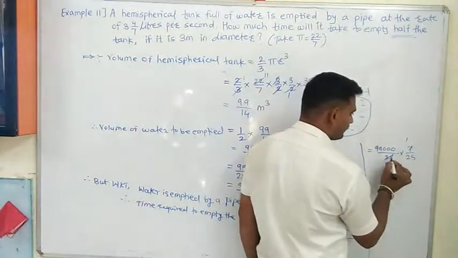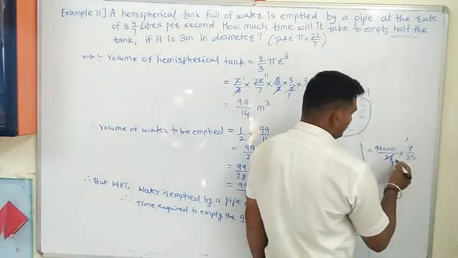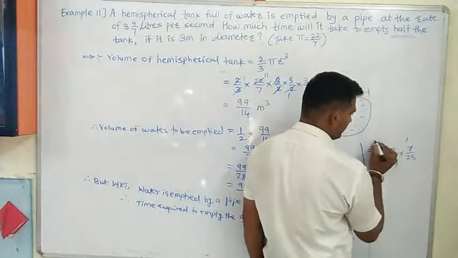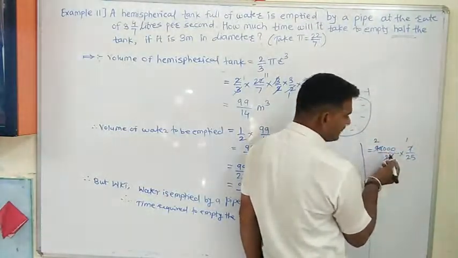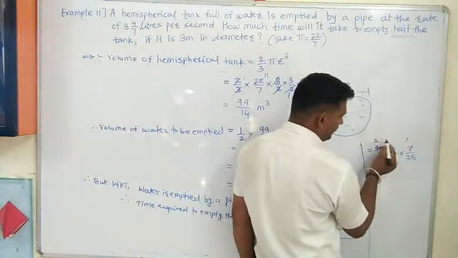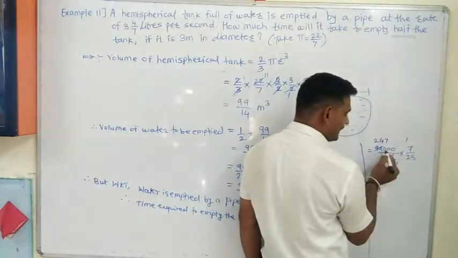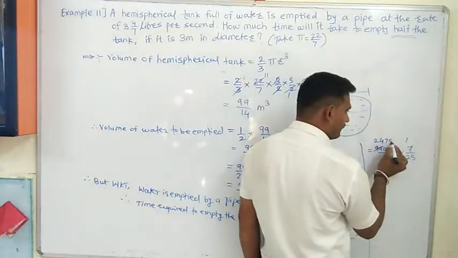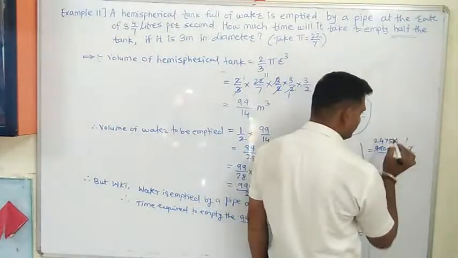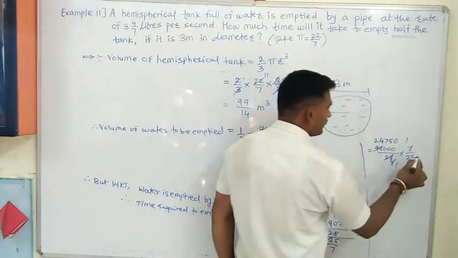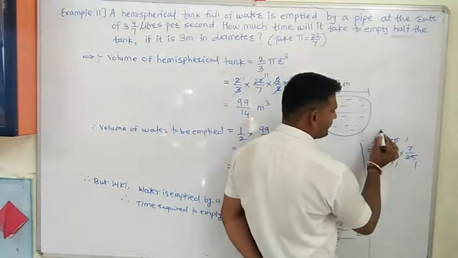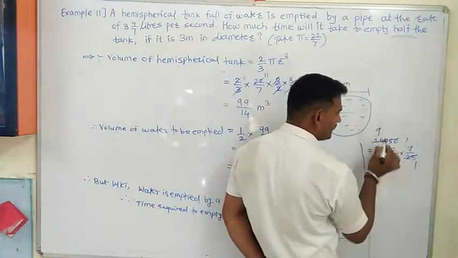Now 7 ones are 7, 7 fours are 28, and after this 4 ones are 4, 4 twos are 8. Again 1 will remain. 4 fours are 16, 3 will remain. 4 sevens are 28, 2 will remain, and 4 fives are 20, and 0 as it is. Now here 25 ones are 25, 25 nines are 225.